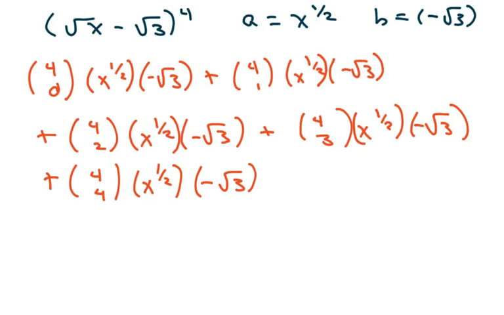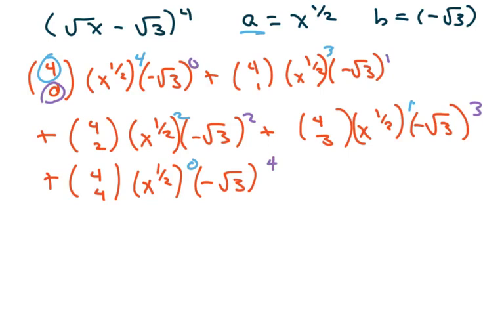And then what I'm going to do is I'm going to start with my 4, and on the a part, go down. 4, 3, 2, 1, 0. And on the b part, I'm going to start with 0 and go up. 0, 1, 2, 3, 4.